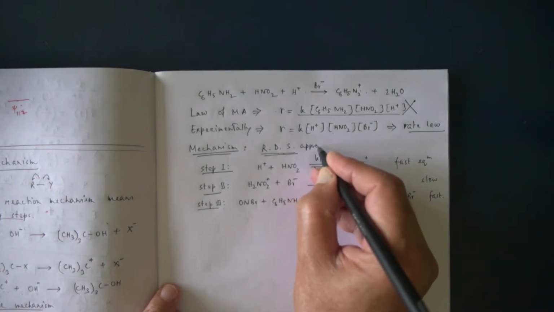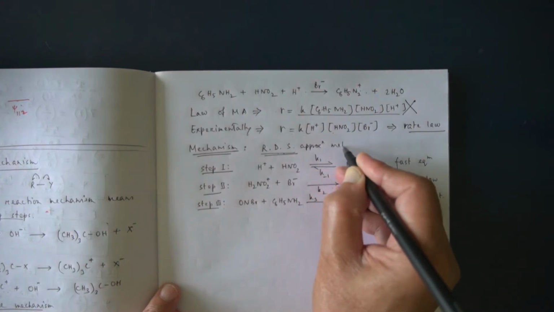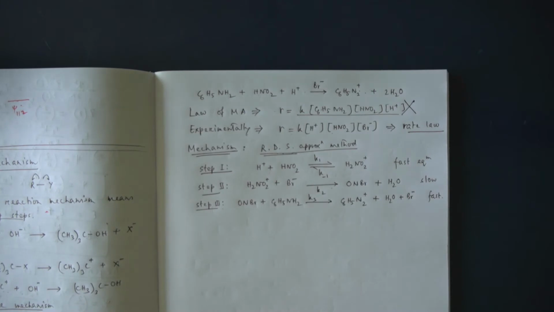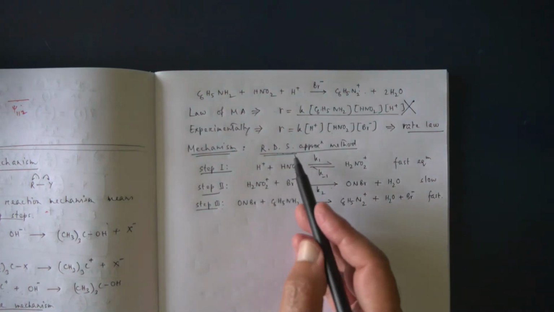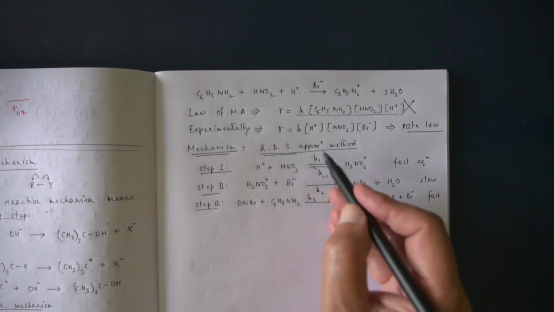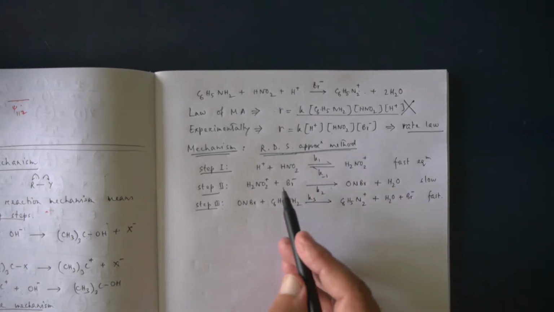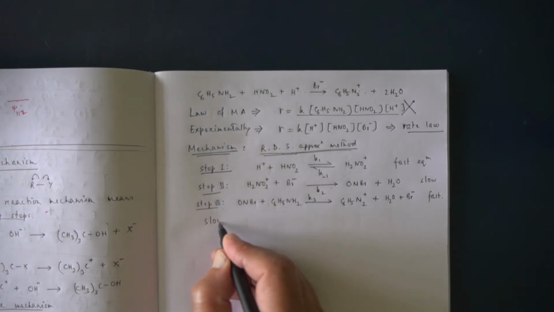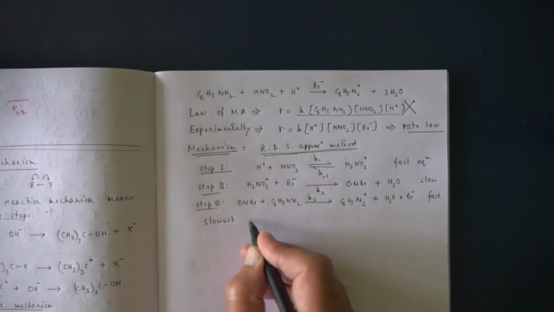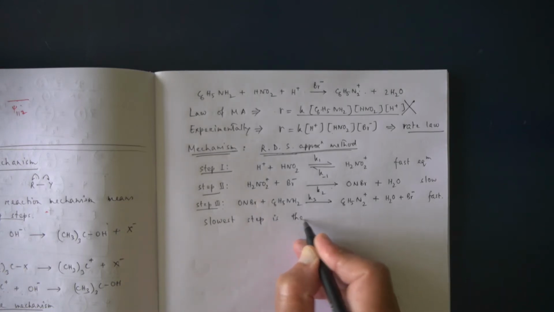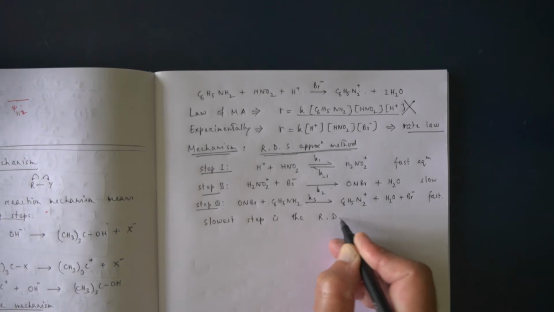We propose the mechanism. After proposing the mechanism, what do we do? We assume that the slowest step is the rate determining step.